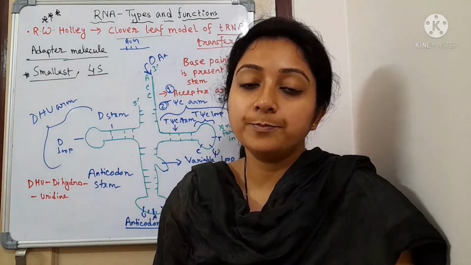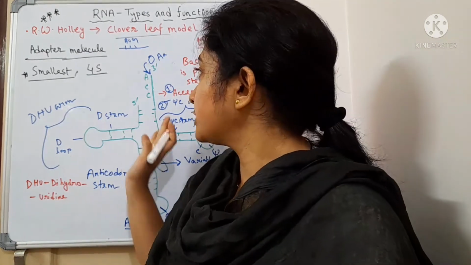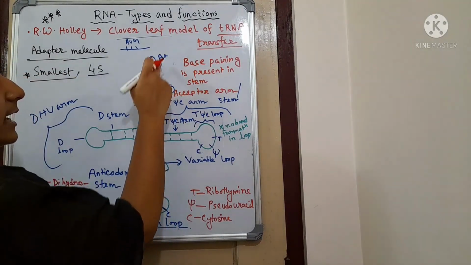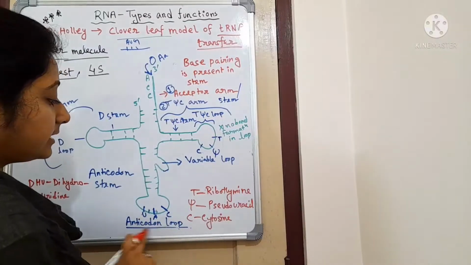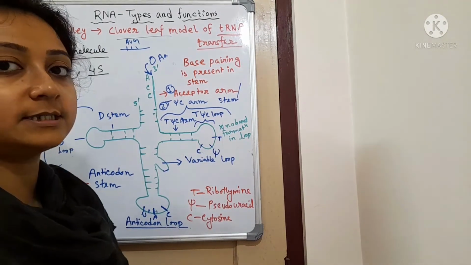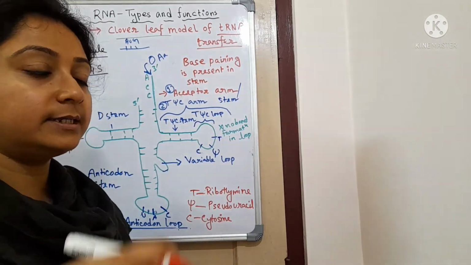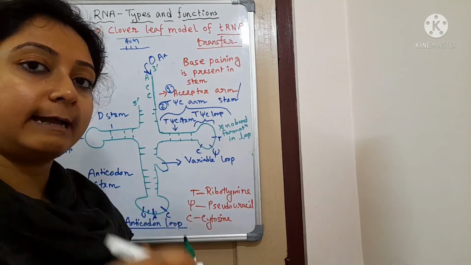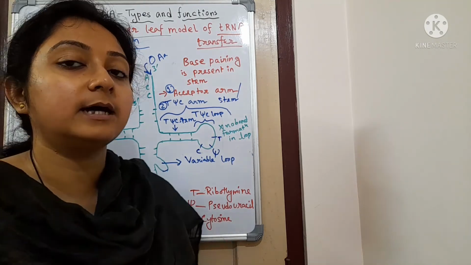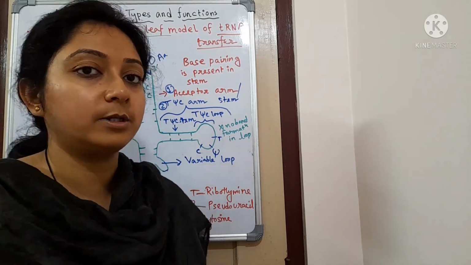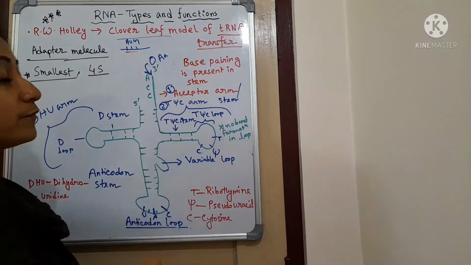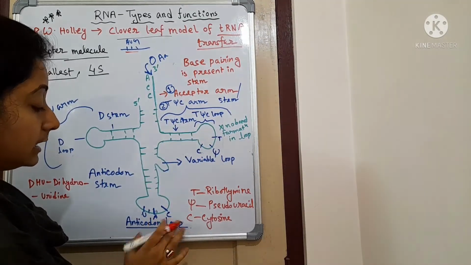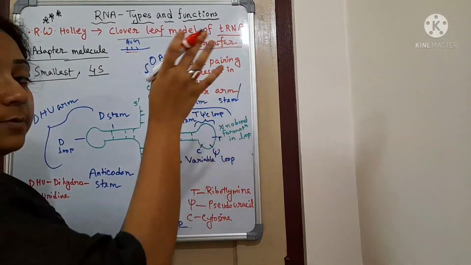In the loops there are different types according to their functions. Basically you have to remember that at the 3' end the amino acid gets attached, and the anticodon loop recognizes where to attach. On the mRNA there are codons, and according to the codon it will carry the amino acid, because each codon is very specific to an amino acid. As I said, AUG codes for methionine, so it will be recognized by the tRNA which has the anticodon UAC, and it will attach to the methionine amino acid.